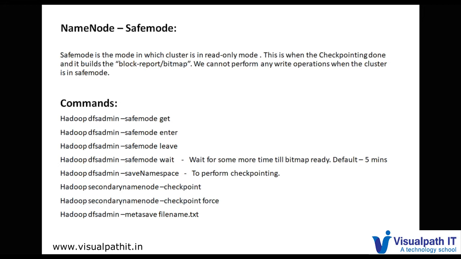And hadoop dfsadmin -saveNamespace is called to perform manual checkpointing. And the secondary name node checkpoint command forces a checkpoint. hadoop dfsadmin -metasave filename.txt stores the metadata in a text file.